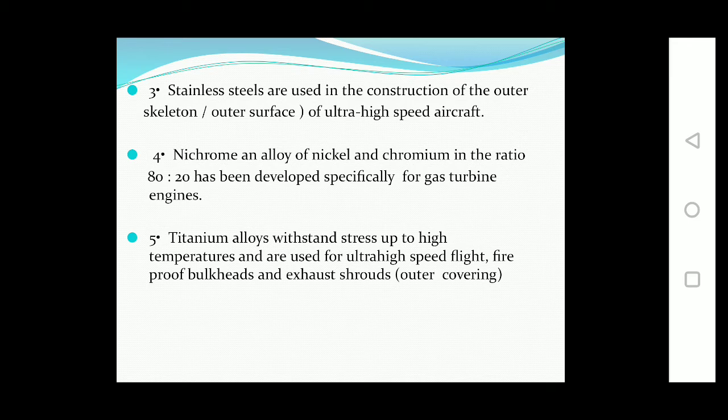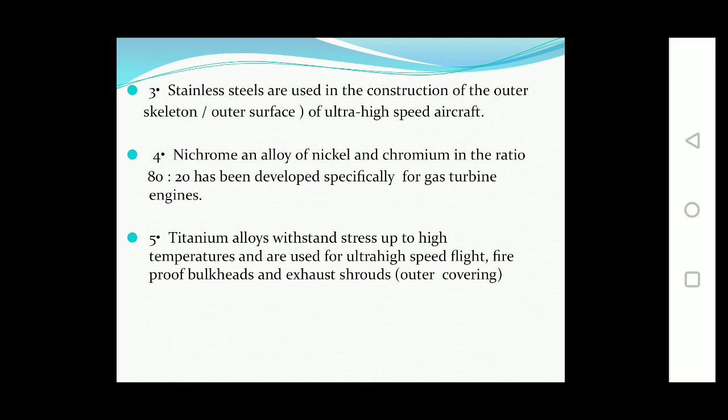What will be the second? That metal which makes the outer surface of aircraft should withstand high friction against air when it goes through air. And for that, stainless steel is the best option because it withstands that higher friction faced by the outer surface of these ultra high speed aircrafts.